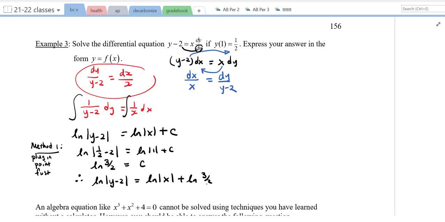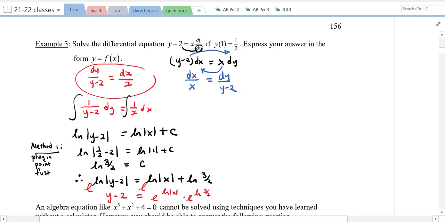Now, let's take a look. We need to get rid of this to solve for y. So we will now e both sides. And if I do that, you're left with y minus 2 on the left. And then what do we have on the right? We have e to the ln of the absolute value of x times e to the ln of 3 over 2.